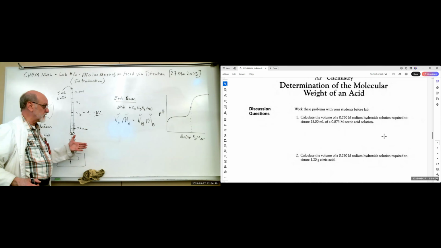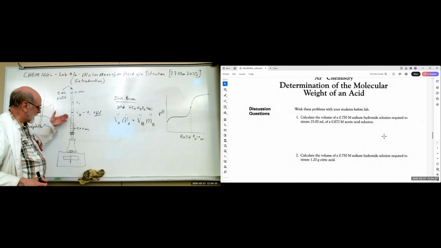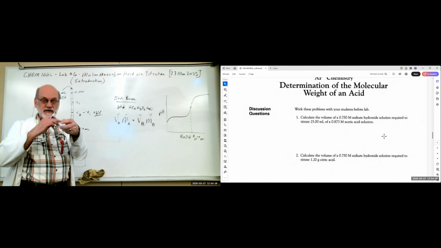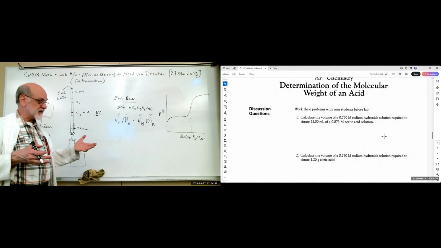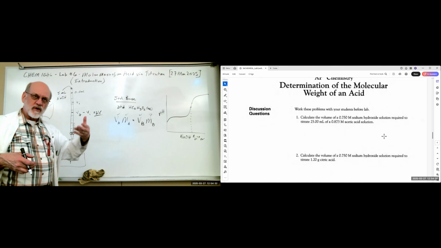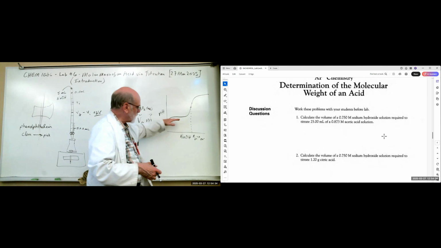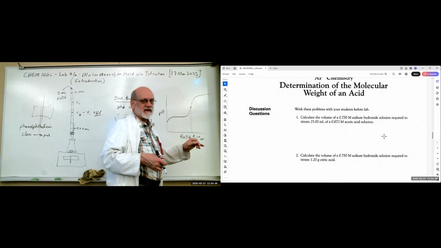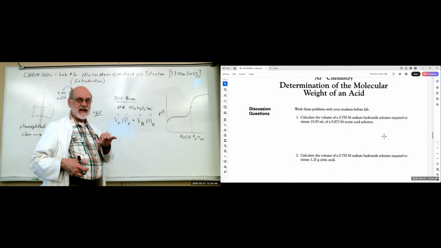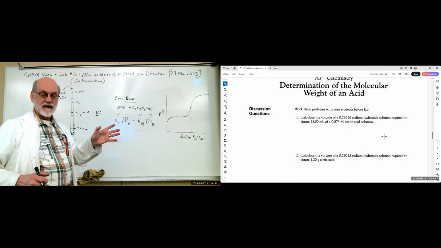You'll notice when we're doing the experiment that as you add base, you get the pink color around the drop that hits it, but once it gets mixed in and the pH stabilizes, that pink goes away. As you add more and more base and get closer to the point, the pink tends to linger longer. That gives you an indication that you're getting close.